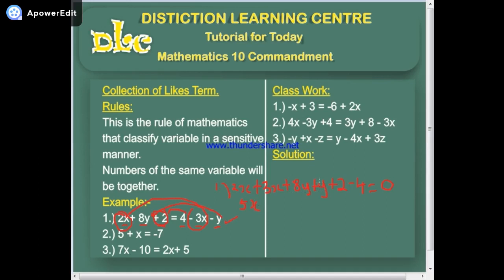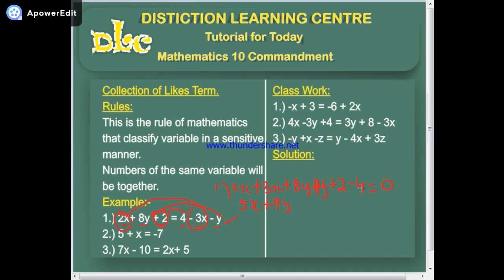In a situation where there is no number at the back of a variable, there is an invisible 1 there. So that means 8 plus 1, that is 9. And you now join the y to it. That is 9y. Now plus 2 minus 4.